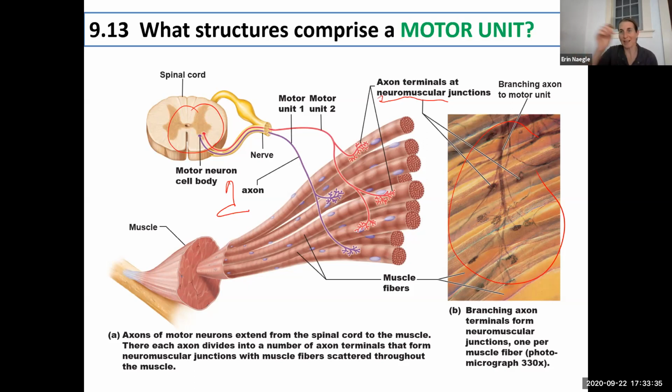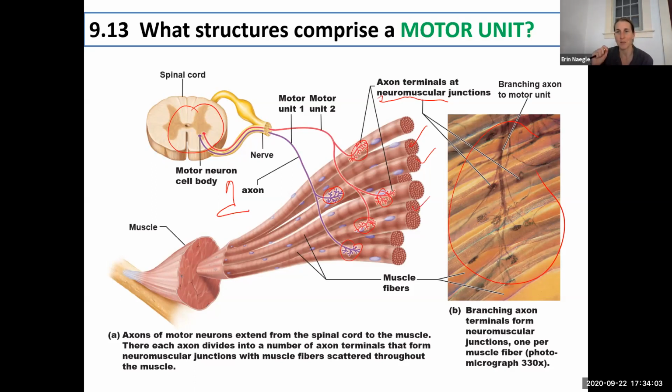Okay, so that electrical impulse goes down and we have our motor unit, 1 axon, and then this one is innervating 1, 2 cells. This motor unit is innervating 1, 2, 3 cells. Now, if this drawing was complete, every single one of these muscle cells, also known as, nice job, my muscle fibers, would have a neuromuscular junction.